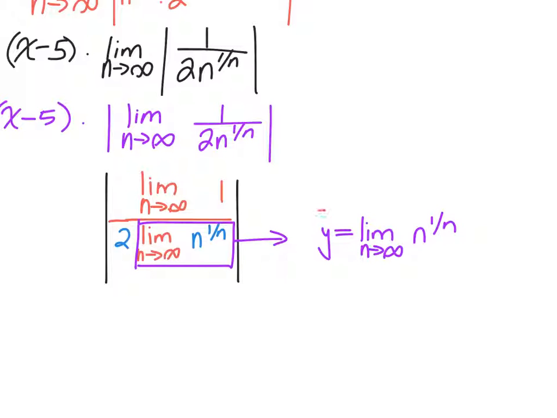And then I would take the natural log of both sides. So I'd have ln of y is equal to the natural log of the limit as n approached infinity of n to the 1 over n.